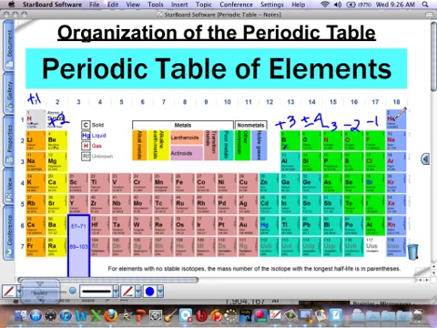I go down here to period 4. I have to count over to zinc: 1, 2, 3, 4, 5, 6, 7, 8, 9, 10, 11, 12. That has 12 electrons in its outer shell. So that's how we can use that.